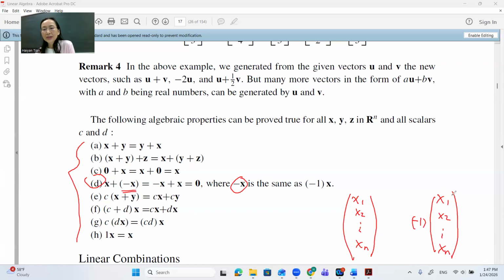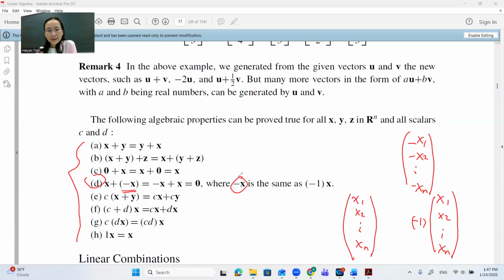We know -1 times x means each entry of x times -1. So the second part is simply negative x1, negative x2, negative xn. So the -1 times x is simply that.